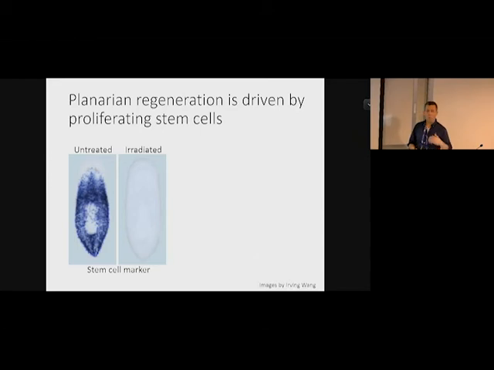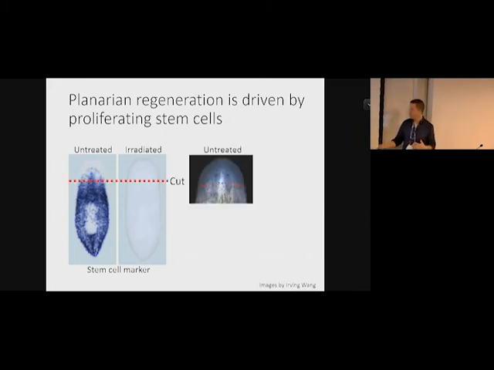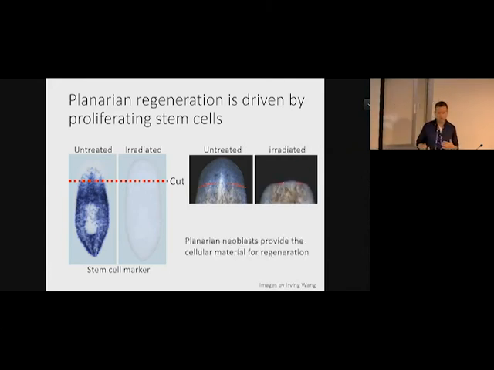Now when those two animals are challenged to regenerate, simply by amputating them, the untreated animals will always be able to regrow missing tissues, in contrast to the irradiated animals that will always fail to do so. So the stem cells are essential for producing the missing tissues.